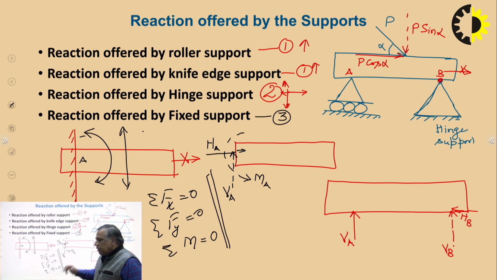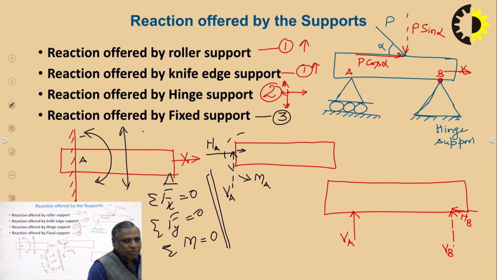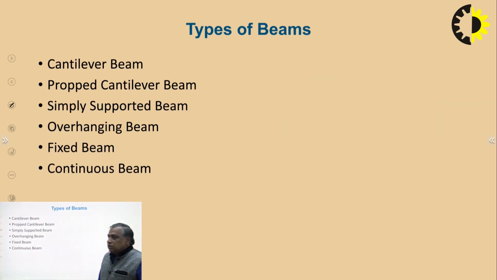So, we can deal with only 3 unknowns. So, only these will come into the category of statically determinate beams. You can have some prop type, you can put some support here also, one more reaction. Now, the unknowns become 4, but equations are 3. So, the problem becomes indeterminate. That is why I confine myself to these 4 types of reactions. Now, the types of the beams.